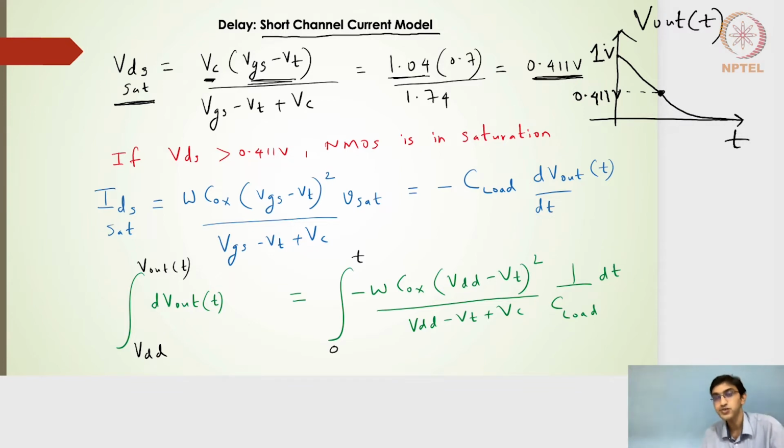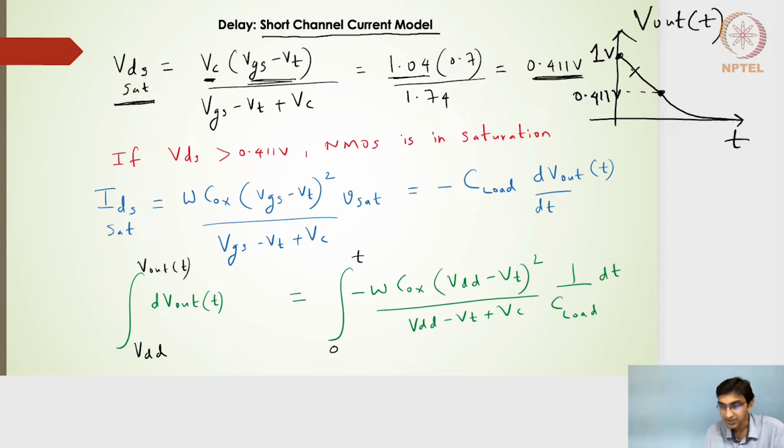If the output node voltage is charged to 1 volt, that means the inverter input was 0 volts and the output was 1 volt. Then a step input of 1 volt is applied at the input side. That is when the output voltage will start decreasing. When the output voltage is 1 volt, we know the NMOS transistor will be in saturation.